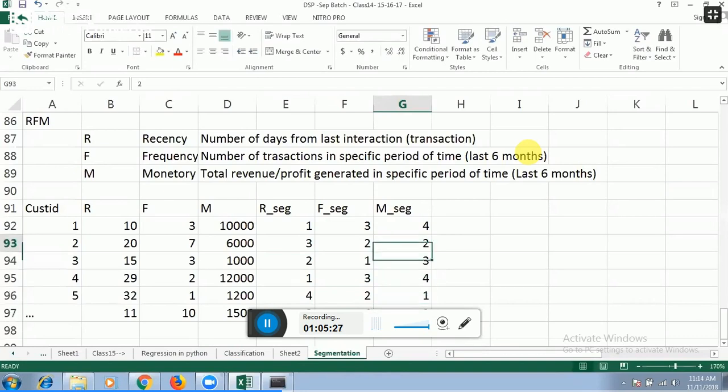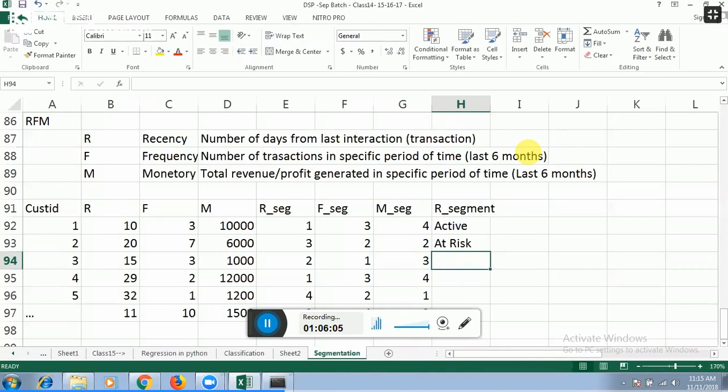So in this case, if R is high, that means the R segment is high. What does that mean? They have high inactivity. Based on the R, if it is 1, they are more active customers. If it is 2 and 3, I'm calling them at risk. Why at risk? They are inactive for some time, and if we don't take care, they will probably churn.